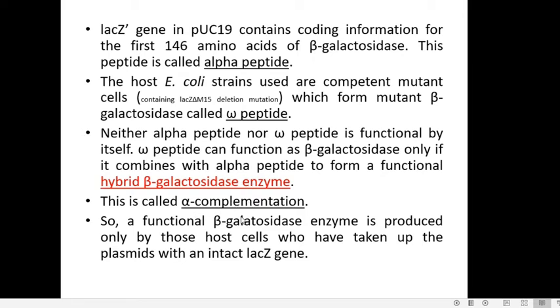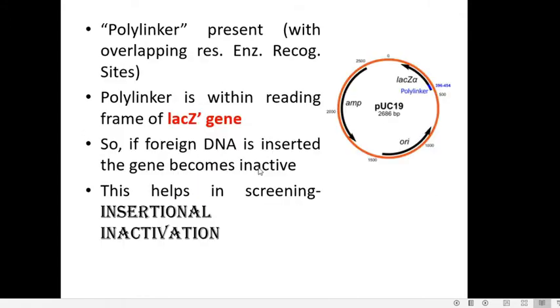For the production of a functional beta galactosidase enzyme, both alpha peptide and omega peptide are necessary. So you imagine a host E. coli cell which produces the omega peptide. You are inserting this pUC19 vector into that host cell. So what will happen?